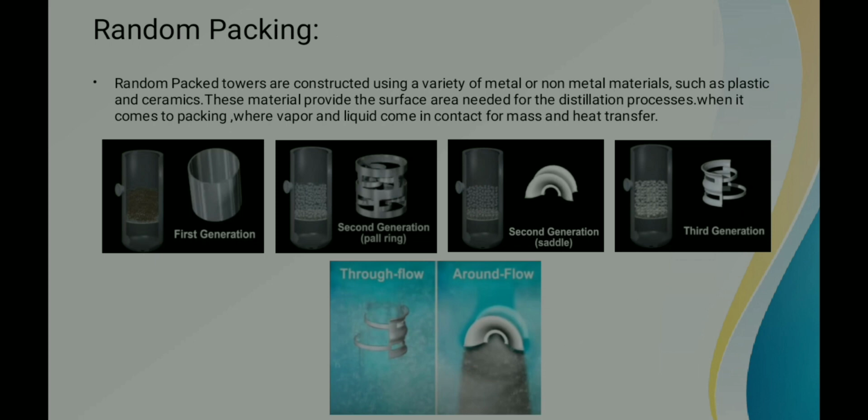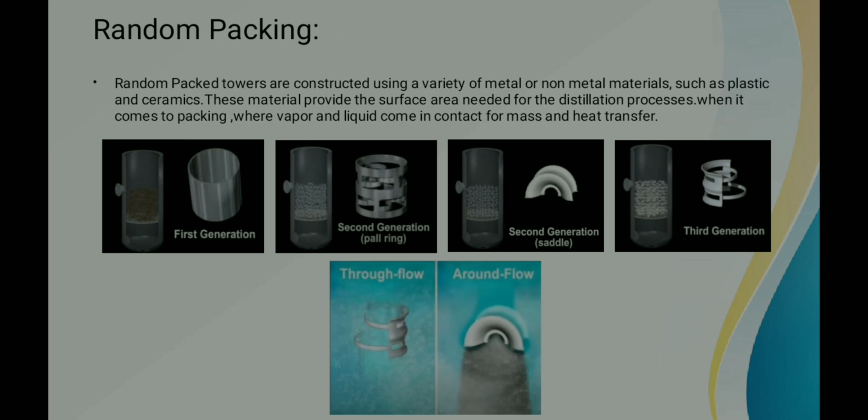Typically, second generation packing includes saddles and ball rings. The third generation proprietary random packing has been in the market for several years, with a high opening area and a complex surface in an attempt to maximize vapor-liquid contact and minimize the pressure drop.